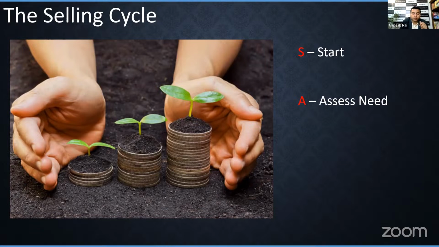Unless you assess their needs, there is no point in having anything else. Leverage benefit. You need to make sure in the selling cycle you are able to leverage the benefits. And at the end will come where we are only going to talk about objection handling and closing.